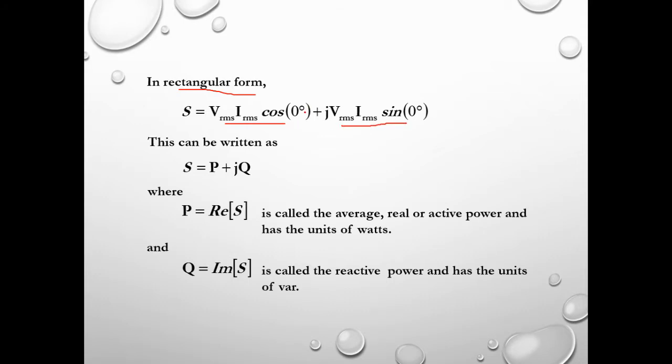Just substitute the value of 0. So this can be written as S equal to P plus jQ, where the real value P is called the average, real or active power and has the units of watts. And Q is the imaginary value of S, the complex power. It is called the reactive power and has the units of VAR.